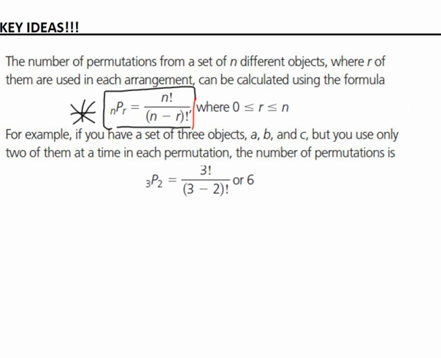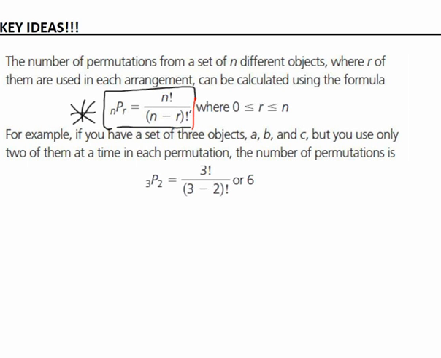The number of objects, r, has to be less than or equal to n, right? How could you take 6 objects out of 5? You can't. It's impossible. So r, the number you're taking, has to be equal to or less than the number you have. That makes sense.